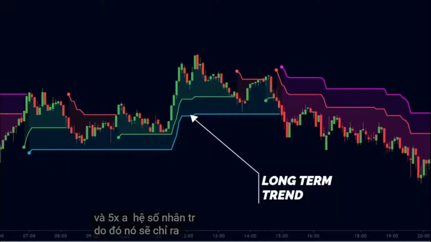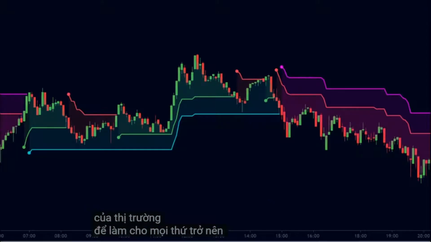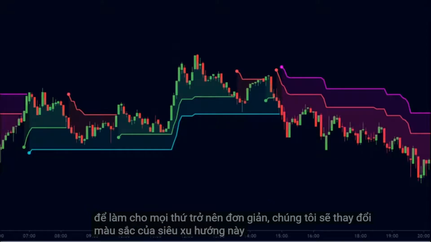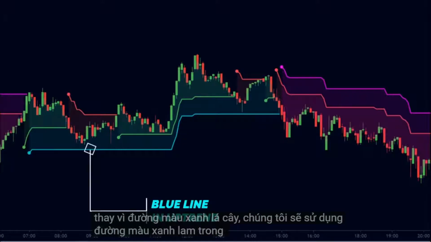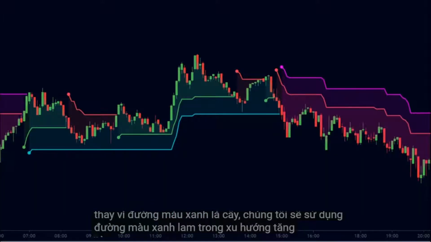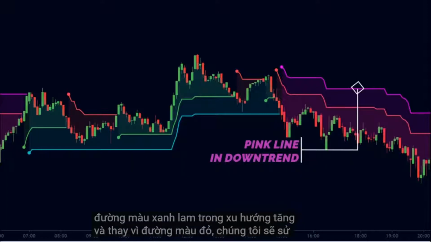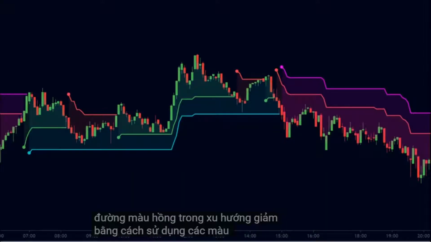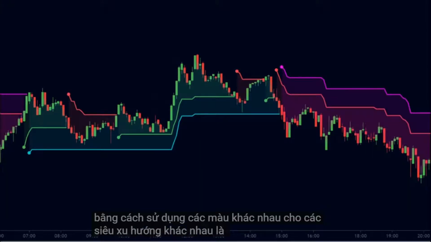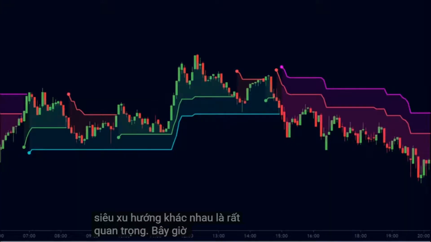Therefore, it will indicate the long-term trend of the market. To make things simple, we will change the color of this super trend. Instead of a green line, we will use a blue line in an uptrend. And instead of a red line, we will use a pink line in a downtrend. Using different colors for different super trends is very important.